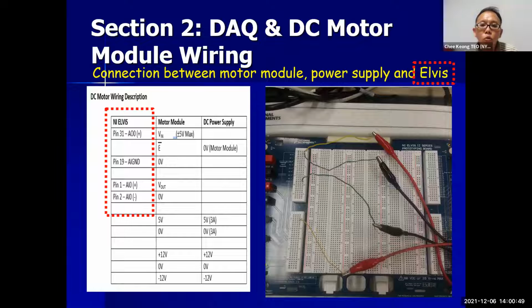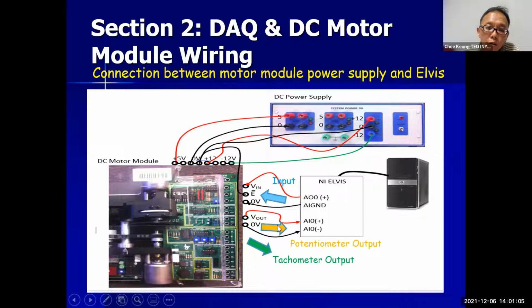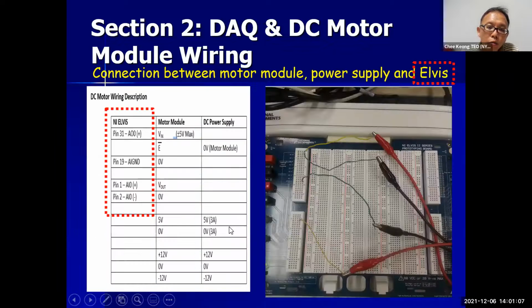So this is a zoomed-in version of how you connect your LVs to your motor module, right? So that's all the pins with jumper wires connecting to the various pins as indicated here.